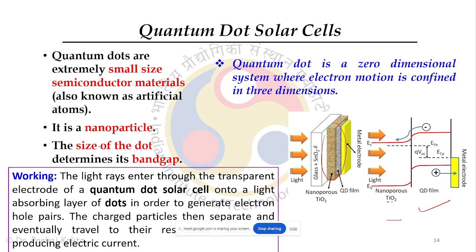Quantum dots are basically nanoparticle-sized semiconductor material, where the electron motion is confined in 3D, in a zero-dimensional system. Whenever light enters through the transparent electrode into this quantum dot solar cell, in the light absorbing layer of dots an electron-hole pair is generated, and it is then separated to produce electrical current.